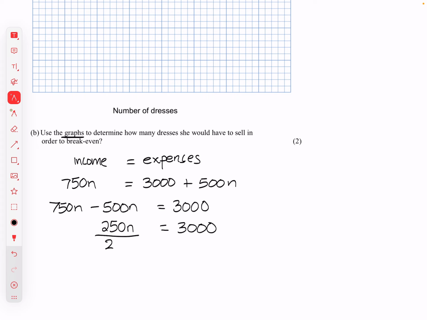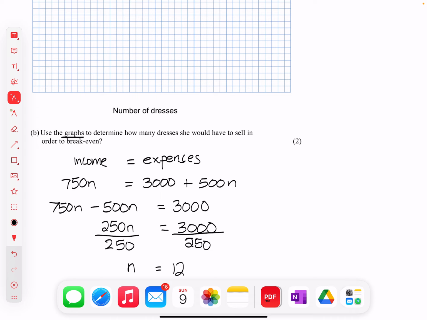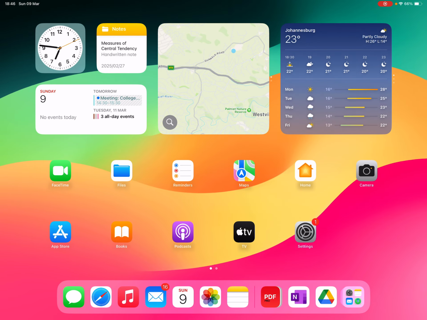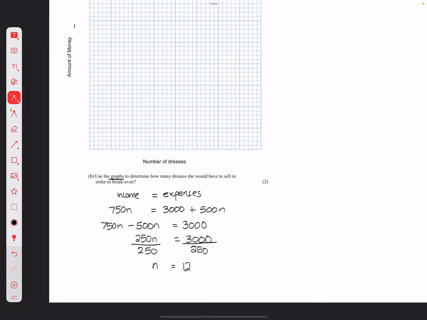Then we divide both sides by 250, and n is equal to 12. So let's go back and see if we drew that correctly. So if we go back here and we try and we read off this point here, it's somewhere here. So my graph is not very clear, but this is the point here, which is 12. Okay, my lines are too thick, but almost in line. Okay, let's go to the next one.